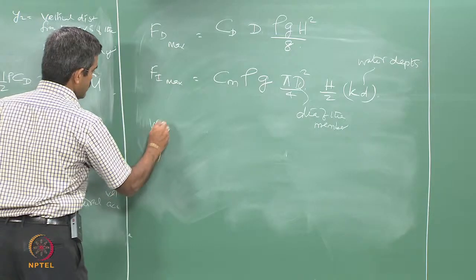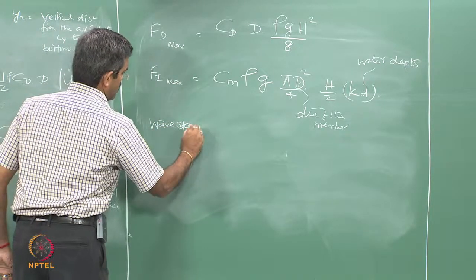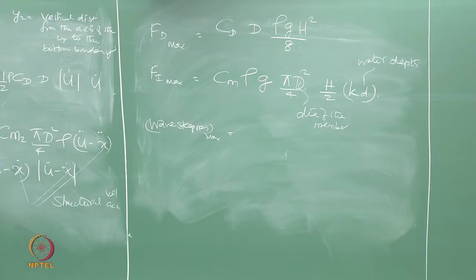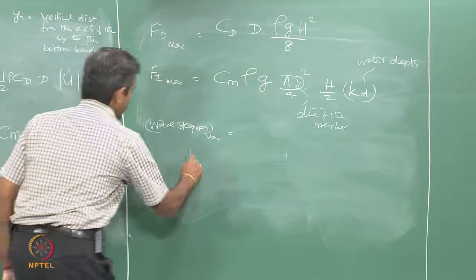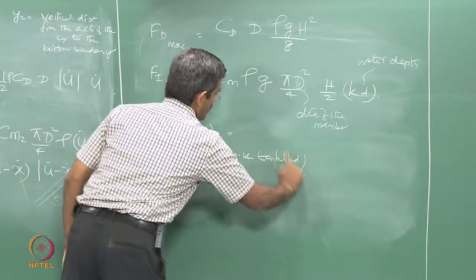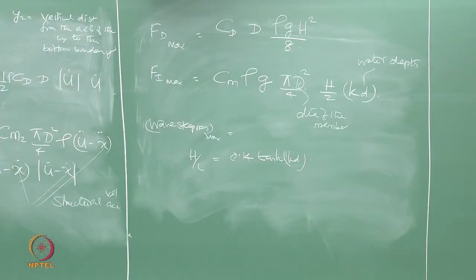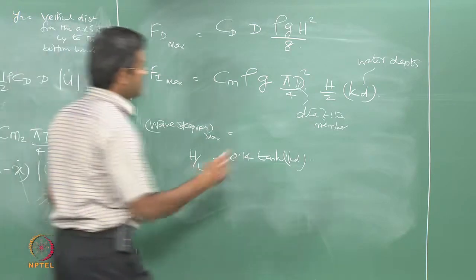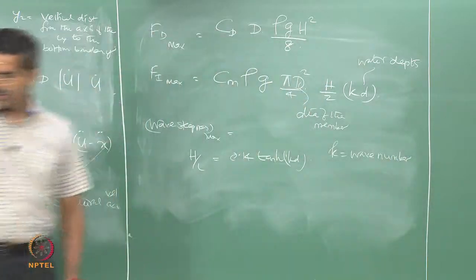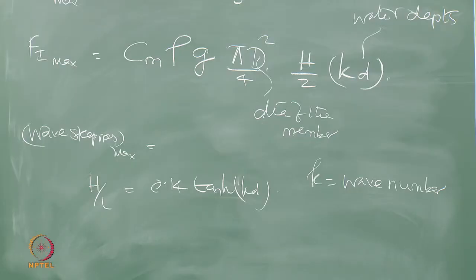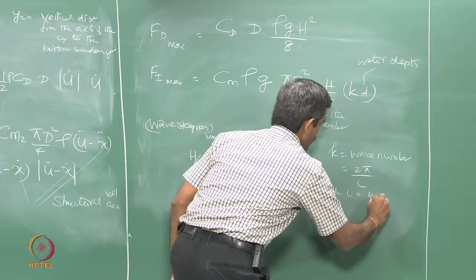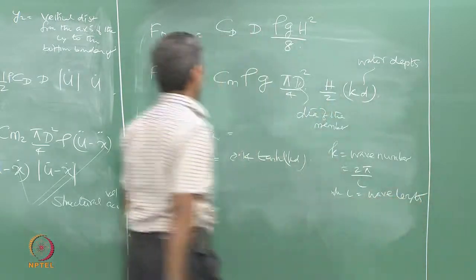Maximum wave steepness is given by h by L equals 0.14 tanh kd, where of course k is the wave number, which is given by 2 pi by L, where L is the wavelength and so on.